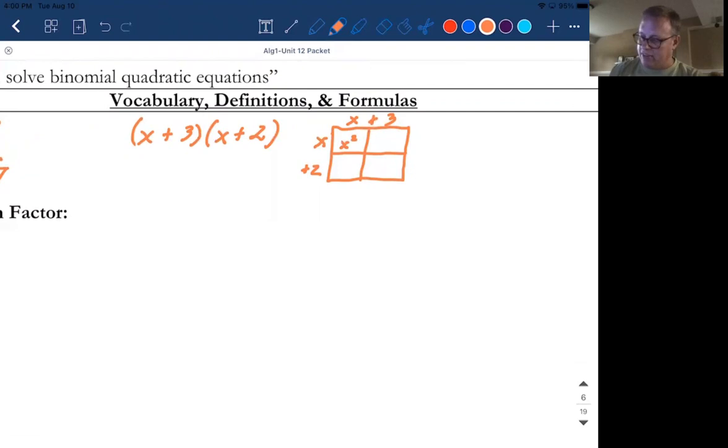And 3 times x is 3x, 2 times x is 2x, and 3 times 2 is 6. Then if we add the boxes together, that gives us x squared plus 5x plus 6. So kind of in a reverse order, we can say that x plus 3 and x plus 2 are factors of x squared plus 5x plus 6.